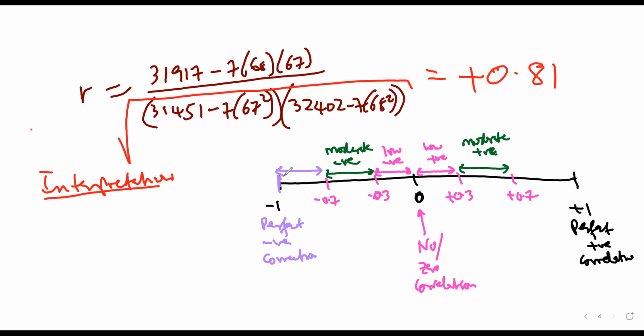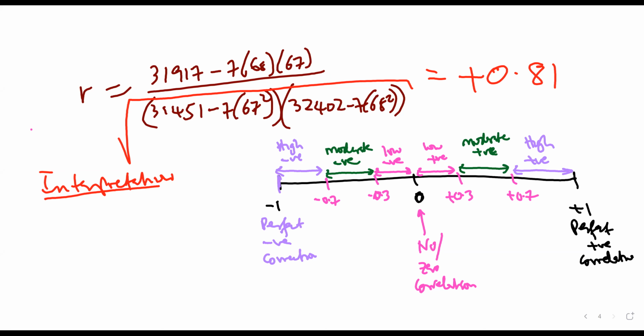Then if your correlation coefficient is a number between minus 0.7 and minus 1, you say there is high negative correlation. And on the other hand, if it is between plus 0.7 and plus 1.0, we say there is high positive correlation. So we can use that chart to interpret given values of the correlation coefficient.